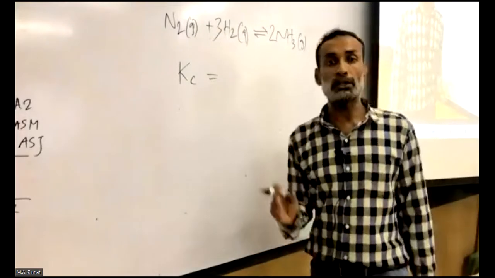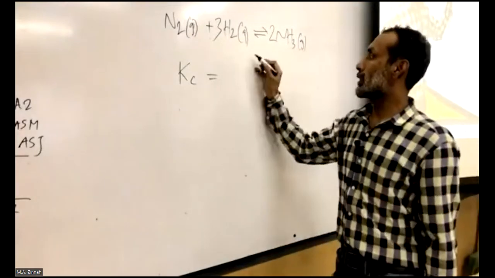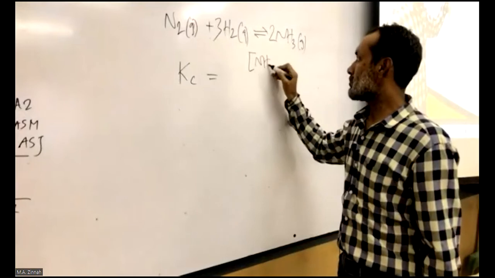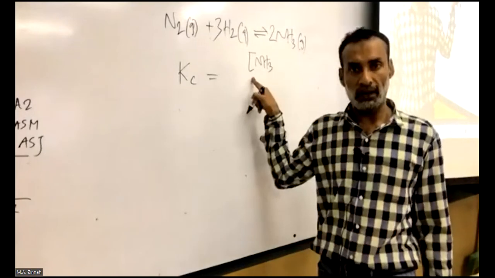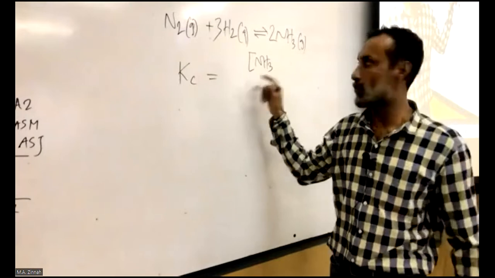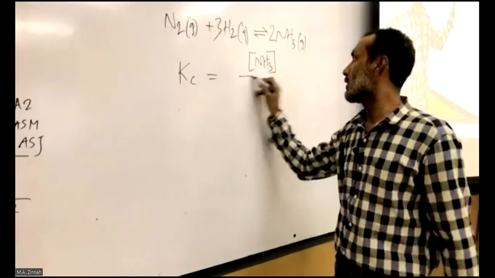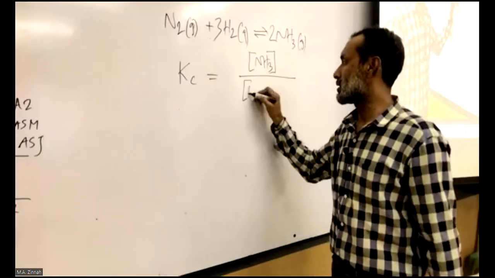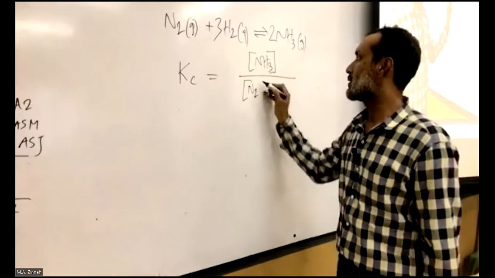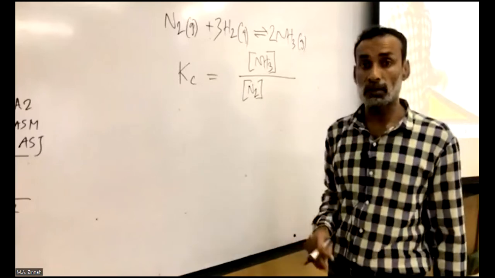Kc means concentration of products. Here there is only one product, and with square brackets we mean that this is concentration. So here is the concentration of the product, only one product, ammonia, and two reactants: nitrogen gas and hydrogen gas. I'm not giving the state symbols here.